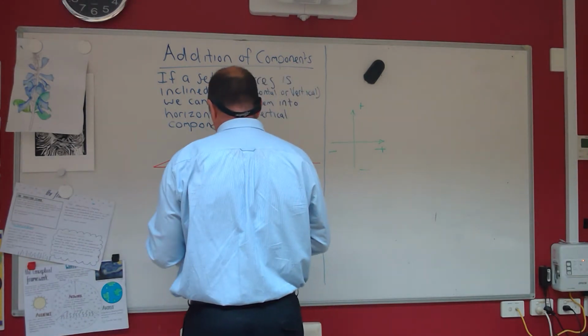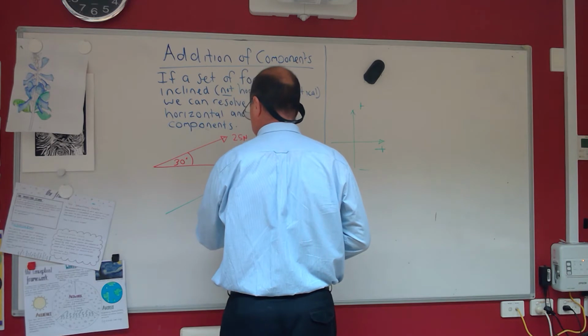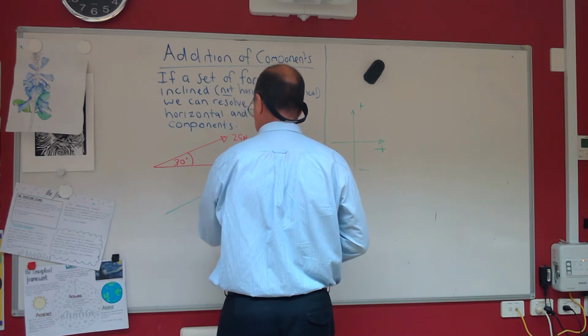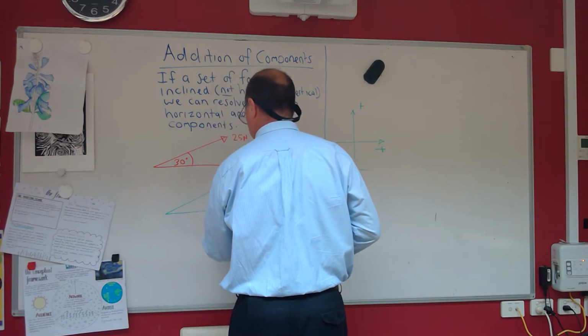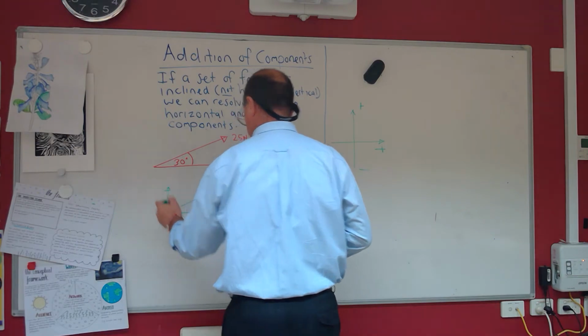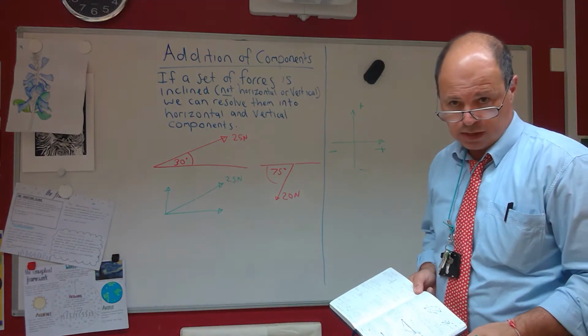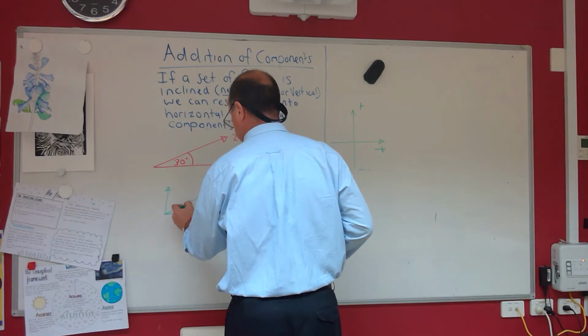For this one here, if we were to take our 25 newtons, which is at 30 degrees, you can take a horizontal component and a vertical component. We need to know what the value of those is, and you can use trigonometry to do this.